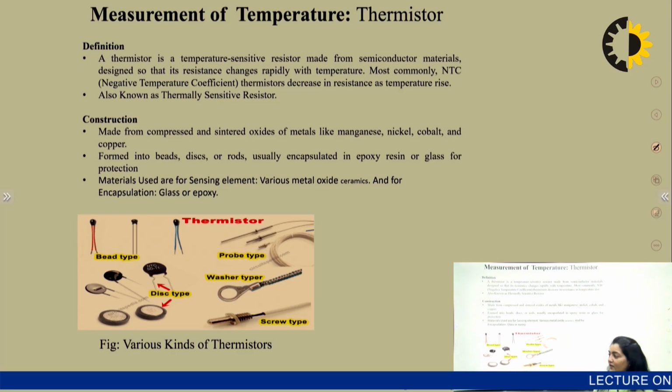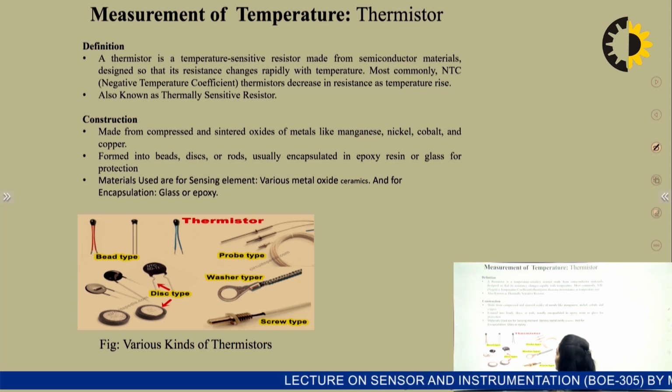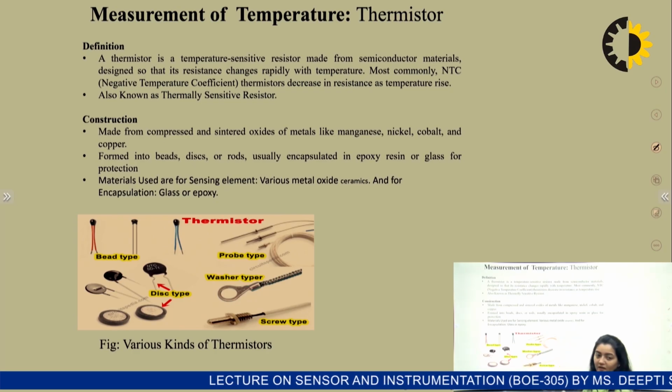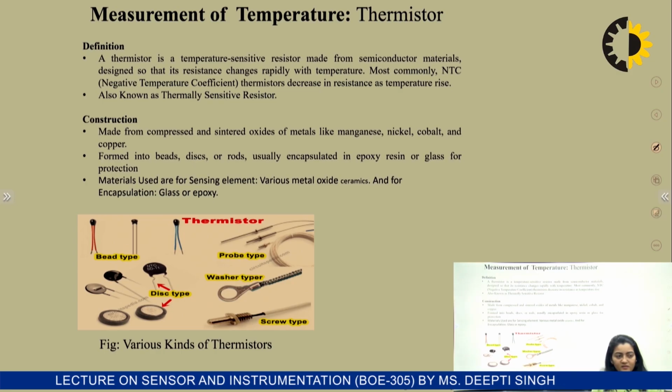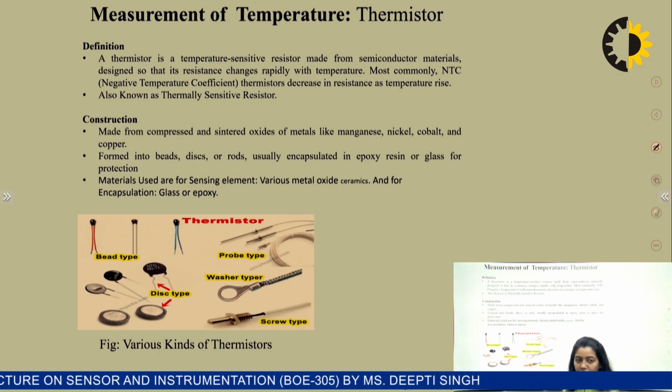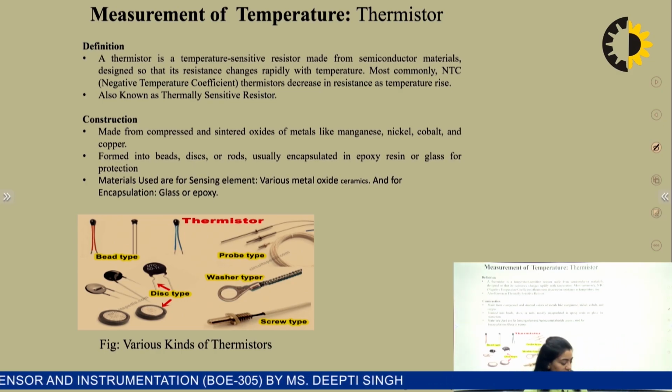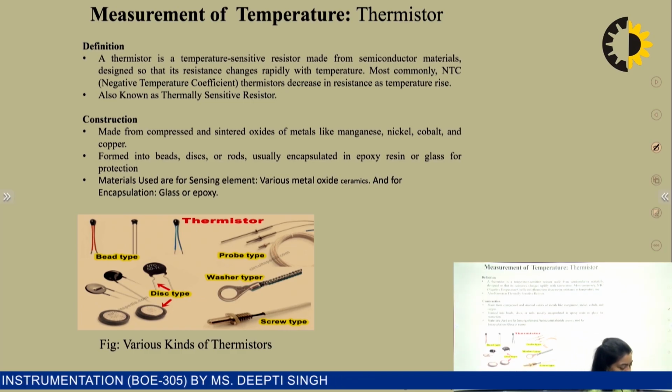Now this is another kind of sensor, known as the thermistor. Thermistors are made of NTC kind of material.